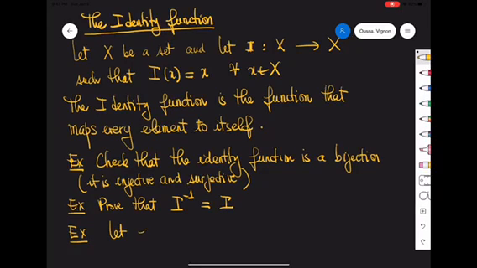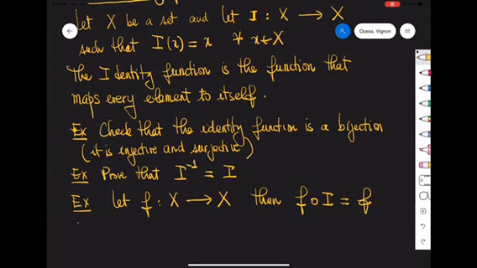and also prove that if we let f be a map between X and itself, then f composed with the identity function is going to be the function itself.